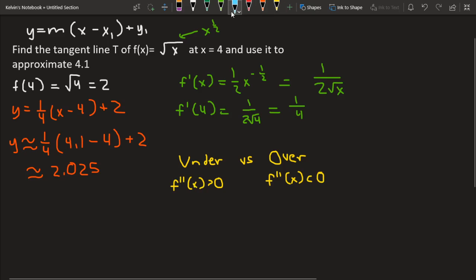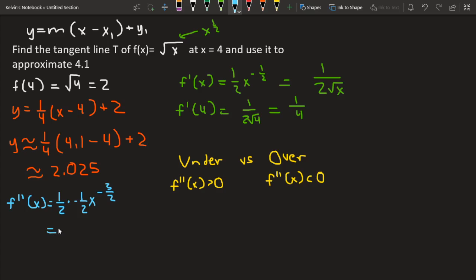Now, if we wanted to test this out, we could first find what f double prime of x is. So, if f prime of x is 1 over 2 root x, also known as 1/2 x to the power of negative 1/2, then f double prime of x is equal to 1/2 times negative 1/2 x to the negative 3/2, like so.